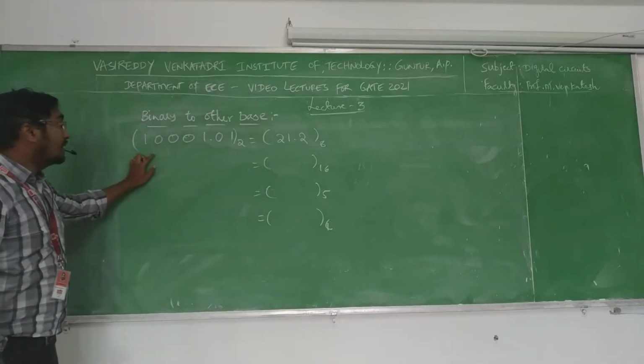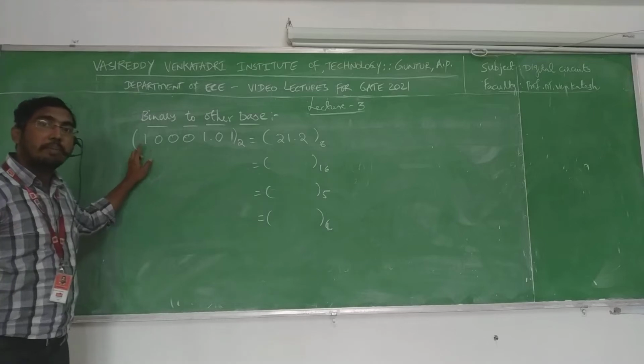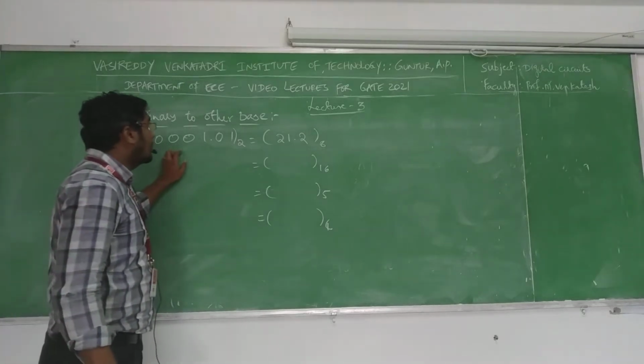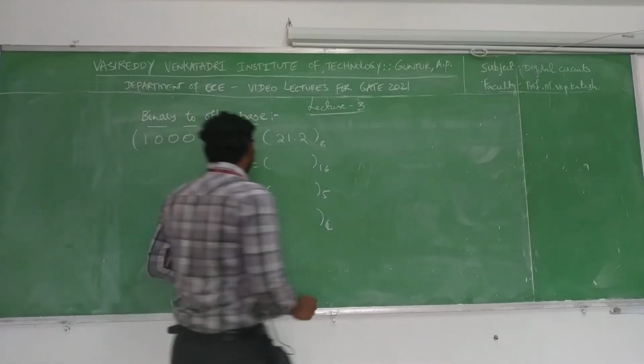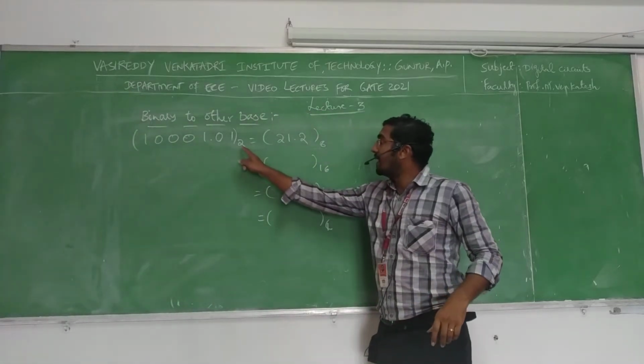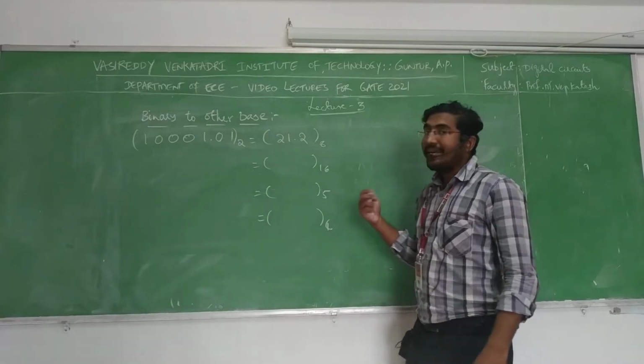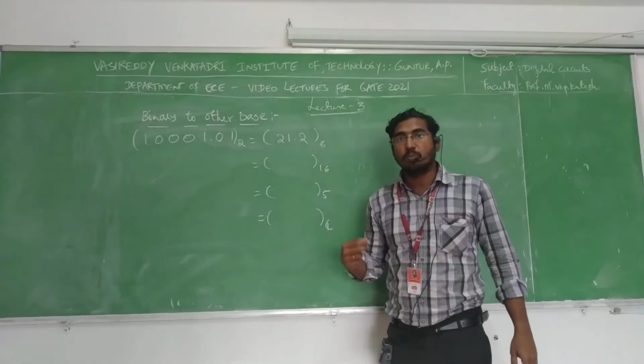We understood that sometimes we can directly convert to the other base, sometimes it is not possible. When is it possible, and when is it not possible?